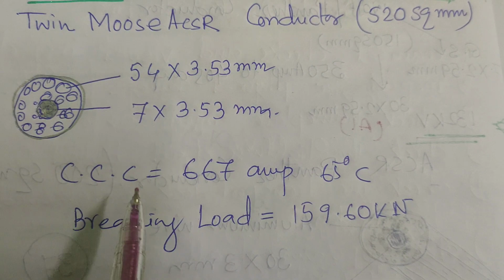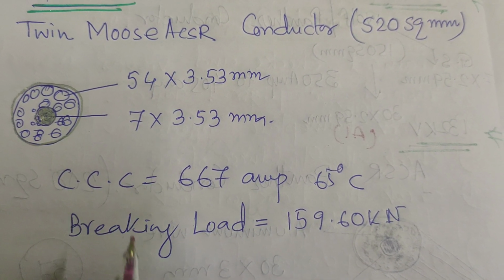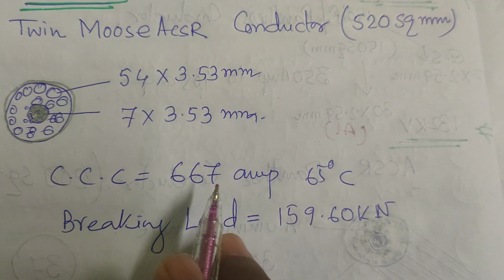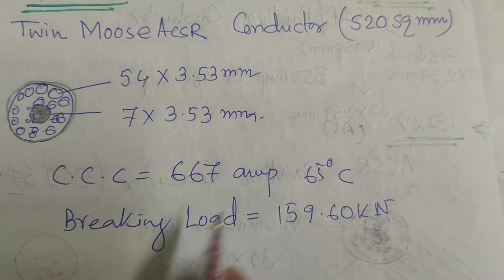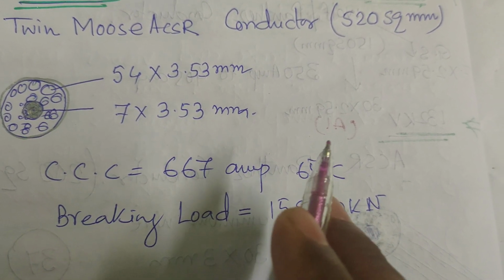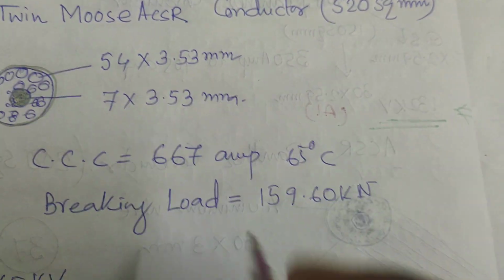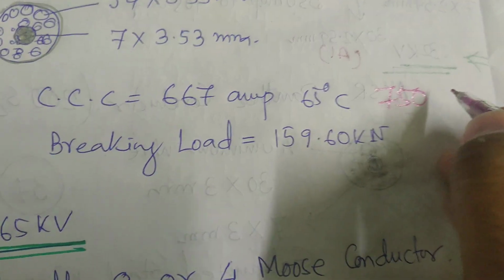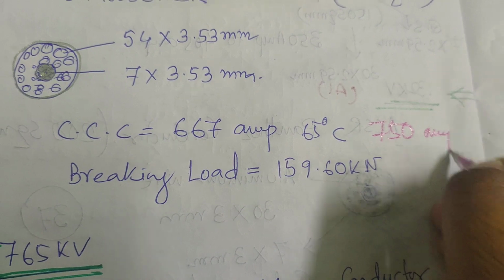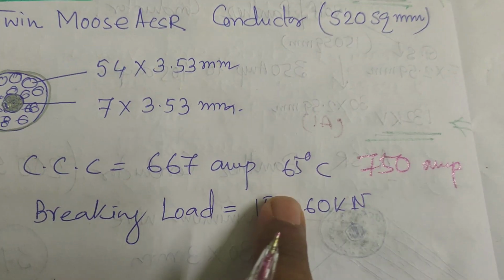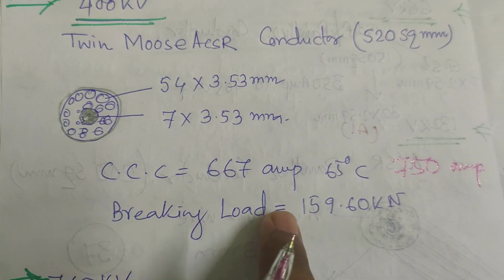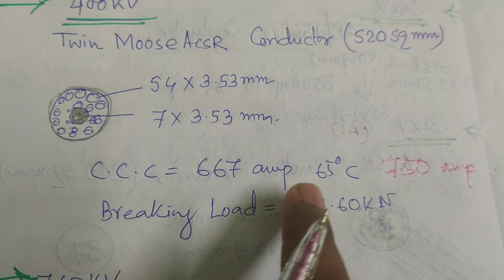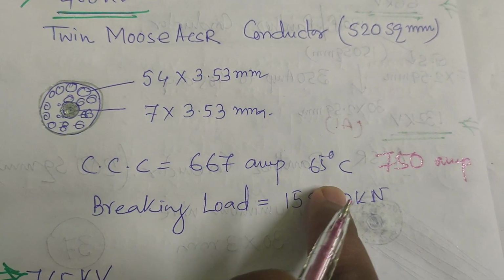The current carrying capacity of the moose conductor is 667 ampere to 750 ampere depending on the temperature, and all current carrying capacity depends on the temperature. It is very important, you have to remember it.